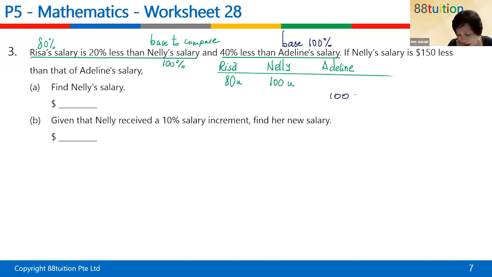Now I put it as parts, because I don't want to have everything as percent; we will have different entities. So base is 100%, and 40 less, Risa will be 60 units, right?